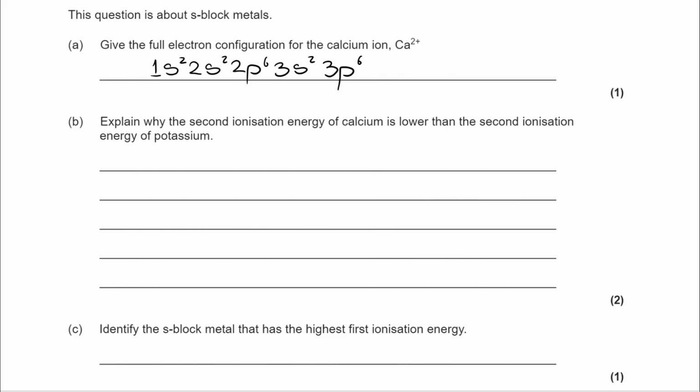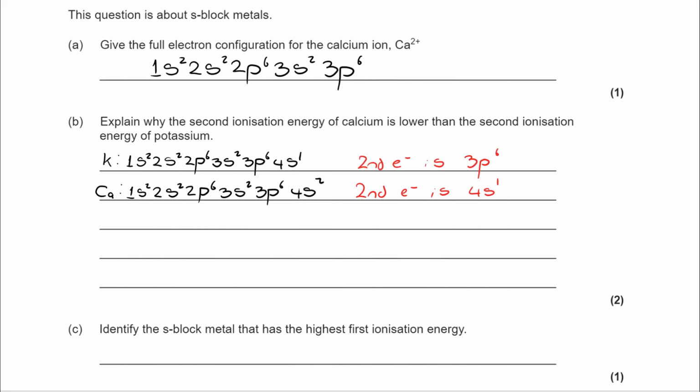On B, we're comparing the second ionisation energy of calcium to that of potassium. So I'm always going to recommend that you start this by drawing out the electron configurations or writing them out for the things that you are comparing. And I've done that here. Once I've done that, I can identify which electron is going to be lost second.